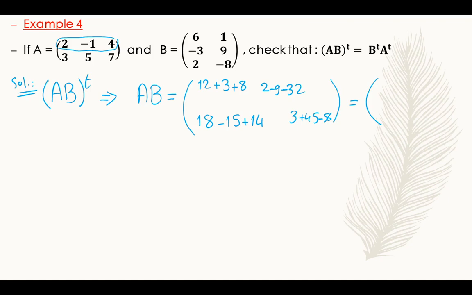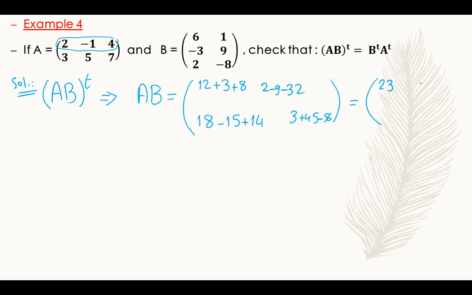It will be here: 12 plus 3 equals 15. 15 plus 8 equals 23. 2 minus 9 equals negative 7.